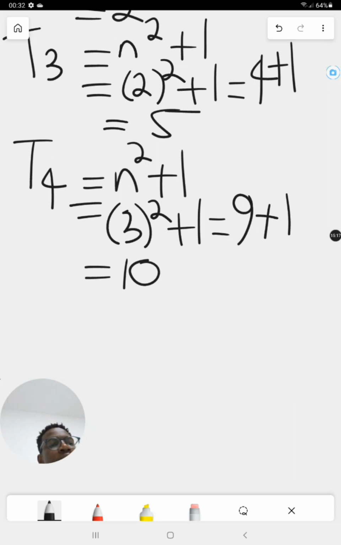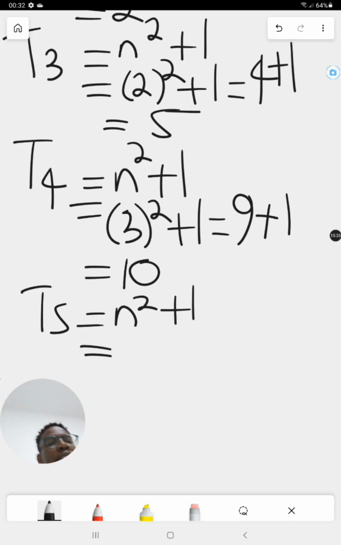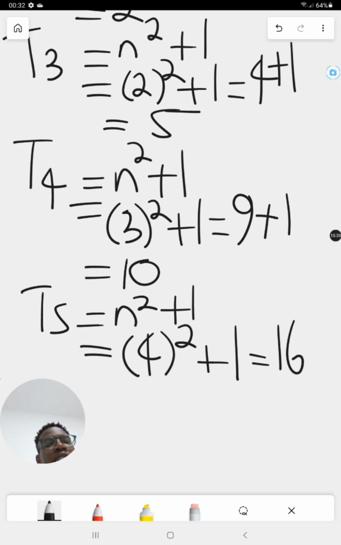Then for T5, in place of n we have 4. 4 squared plus 1: 4 squared is 16, plus 1 gives us 17.